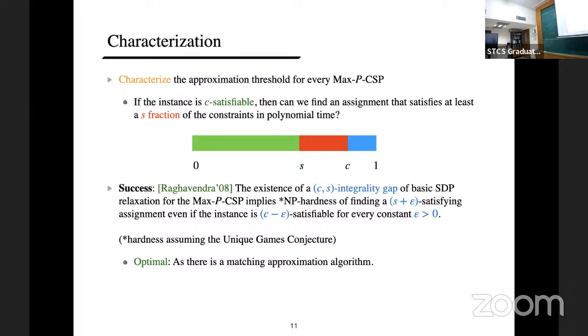So for any S, C, finding an S plus epsilon satisfying assignment, even if the instance is C minus epsilon satisfiable, if this is hard, then there must exist some basic SDP relaxation where the integrality gap is C, S. Yes, I believe that is true.